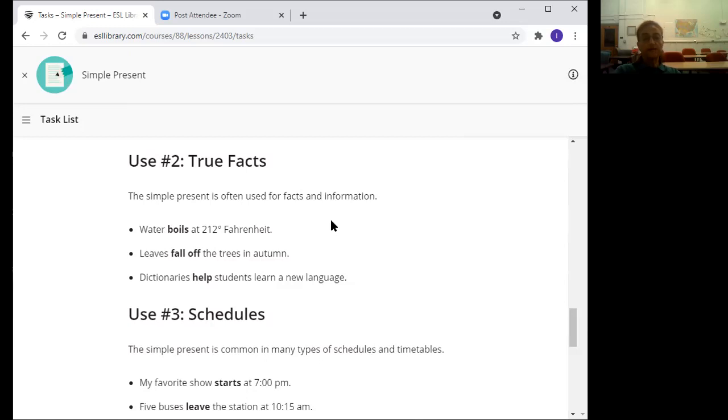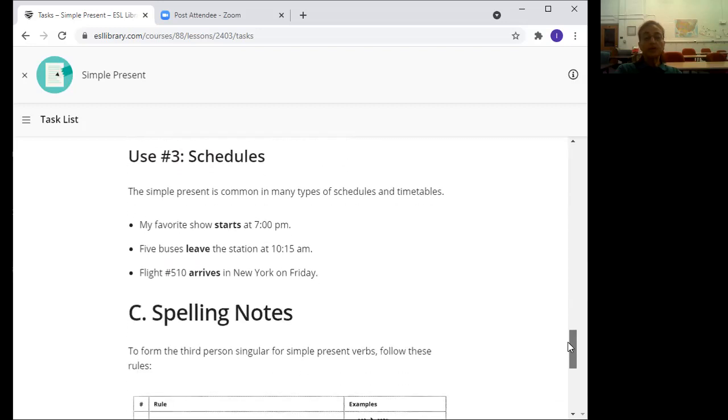That's a fact. Leaves fall off the trees in autumn. That's a fact. Dictionaries help students learn a new language. This is just an accepted fact, and there is no particular indication of repetition or any other time frame. It's just a statement of fact.